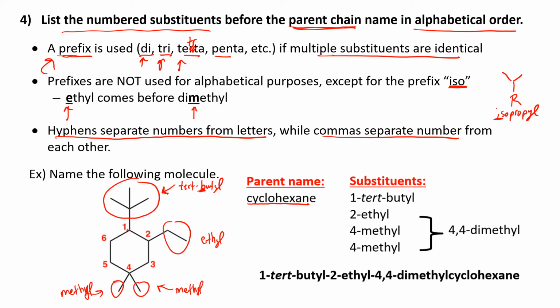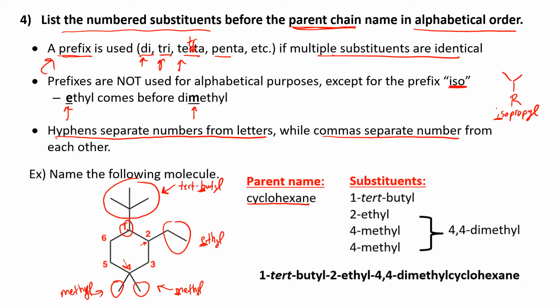So B for butyl. I could start it on this one here, but that would be E for ethyl, or I could start it here, that would be M. So a B beats all of these alphabetically. That's why I'm starting my numbering on this carbon. And I went around clockwise because that gives my second substituent the lowest possible number.